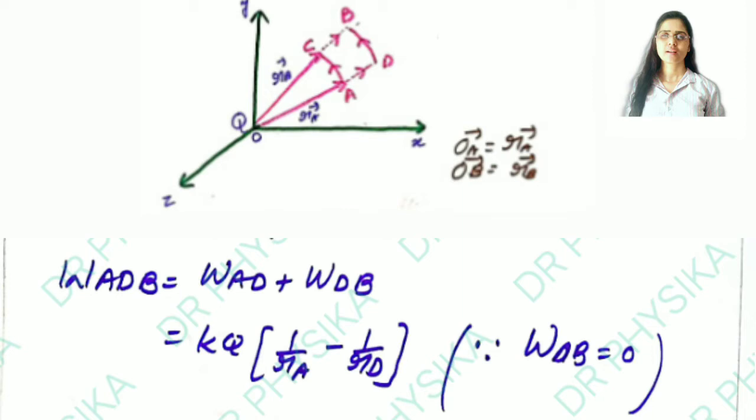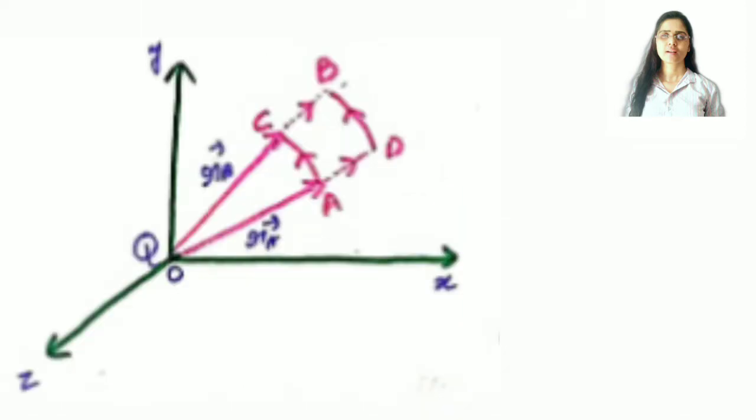Now substitute the equations of W of AD and W of DB. We get KQ in bracket of 1 upon R of A minus 1 upon R of D, because W of DB equals 0.